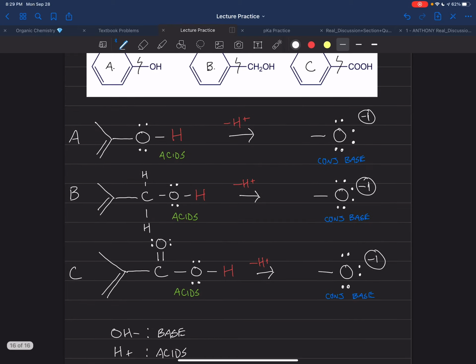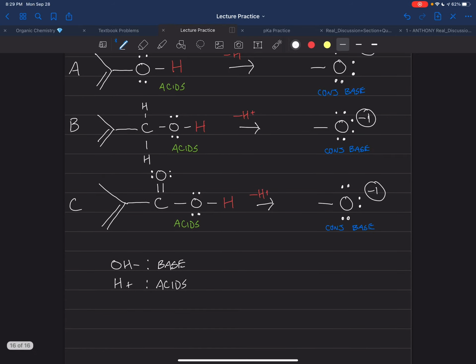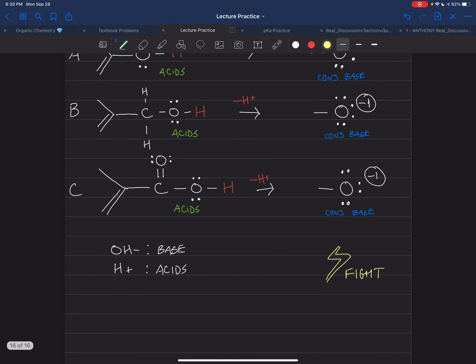But anyway, we have this negative charge, very likely to pick up a proton. So what does that mean? It's charged. It means it has some fight. If it's charged, I kind of think of it like lightning or like a racehorse or something. It's got some fight in it, which makes it stronger.